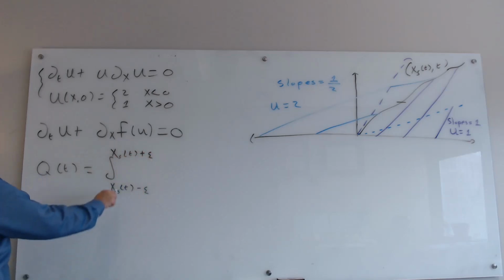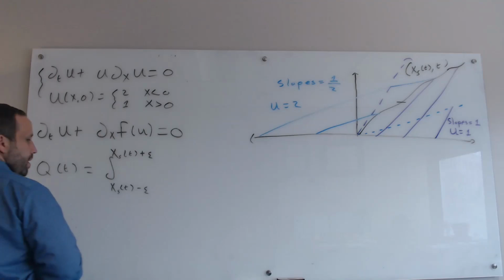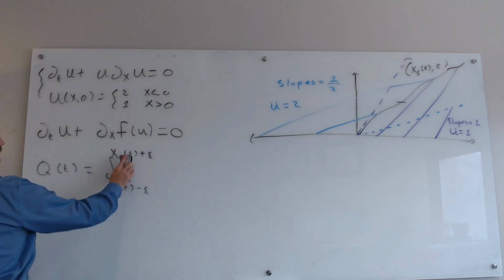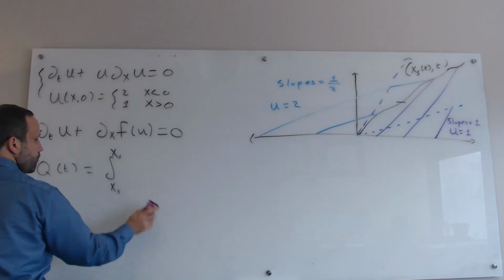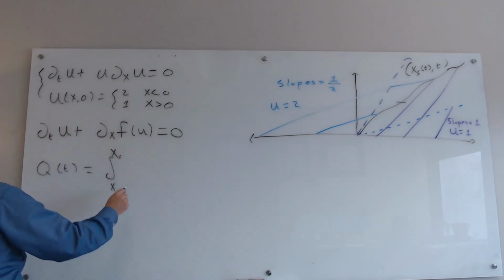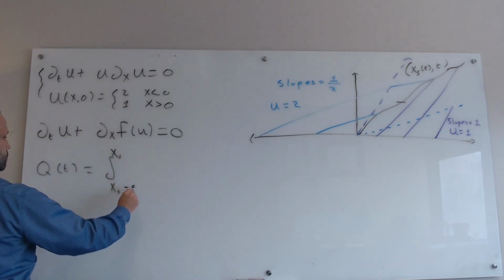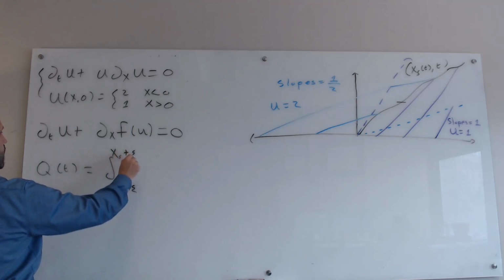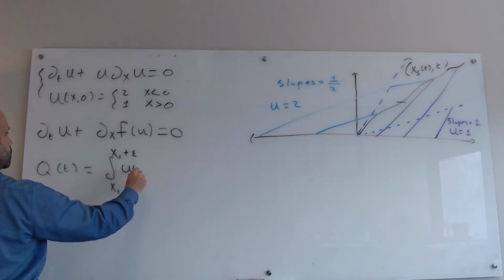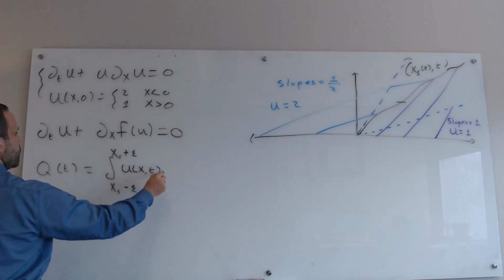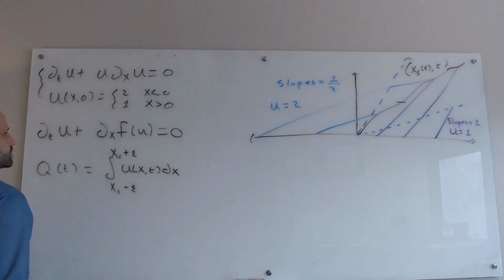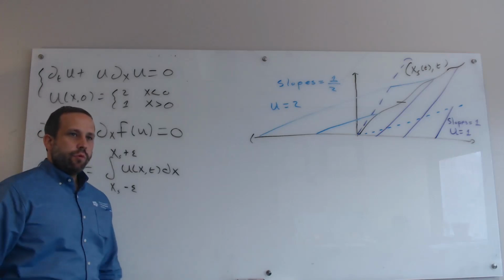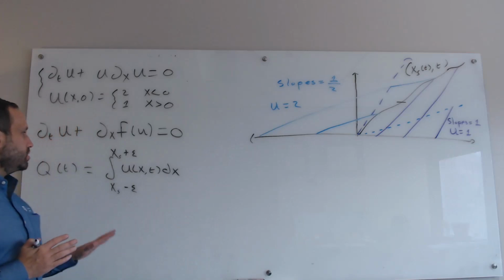It's going to be cumbersome if I write this t all the time, so xs should say xs of t, but I'm not going to write that explicitly because it gets too cumbersome.